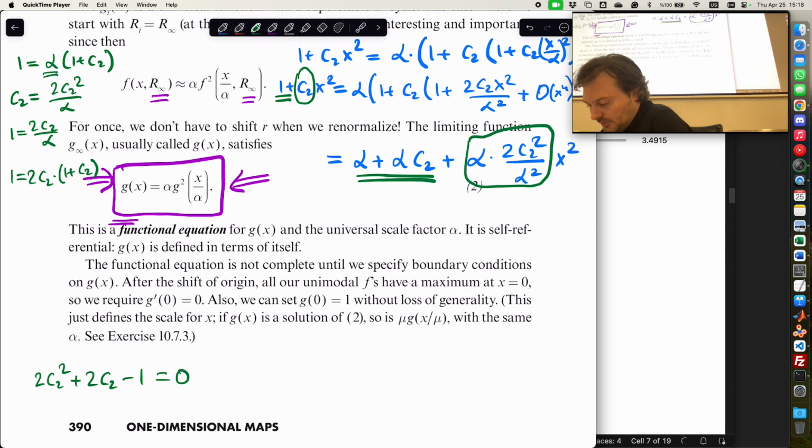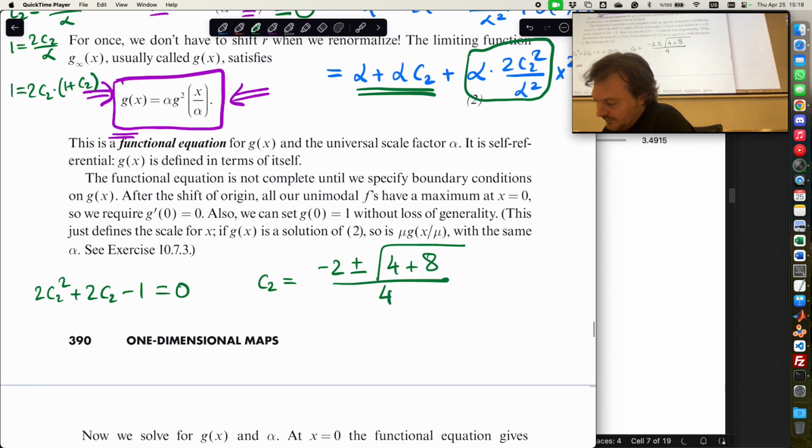Right? What is c2? Minus 2 plus or minus the square root of 4 plus 8, over 2a, right? Which is 4. c2 is minus 1 plus or minus square root 3 over 2.